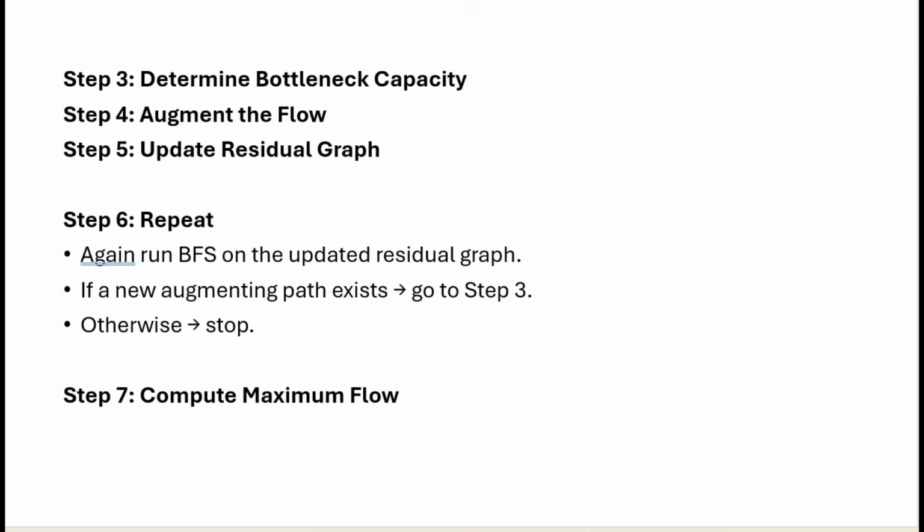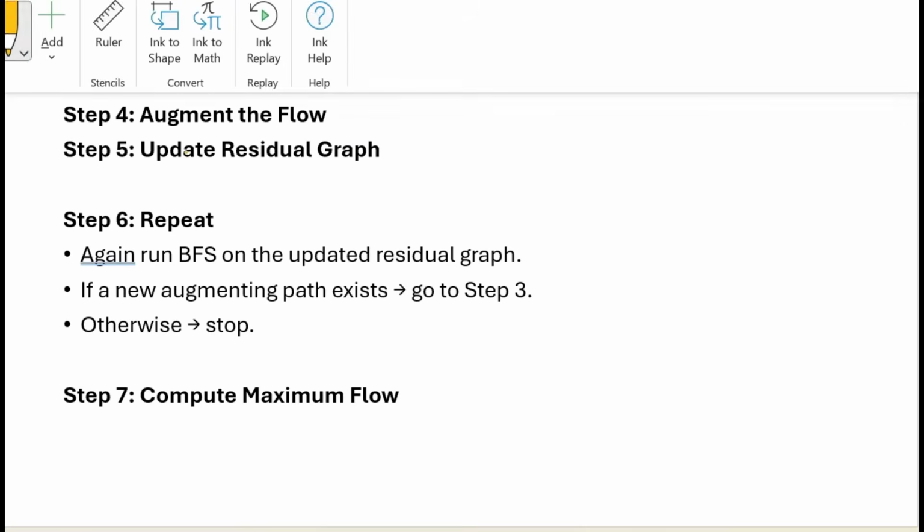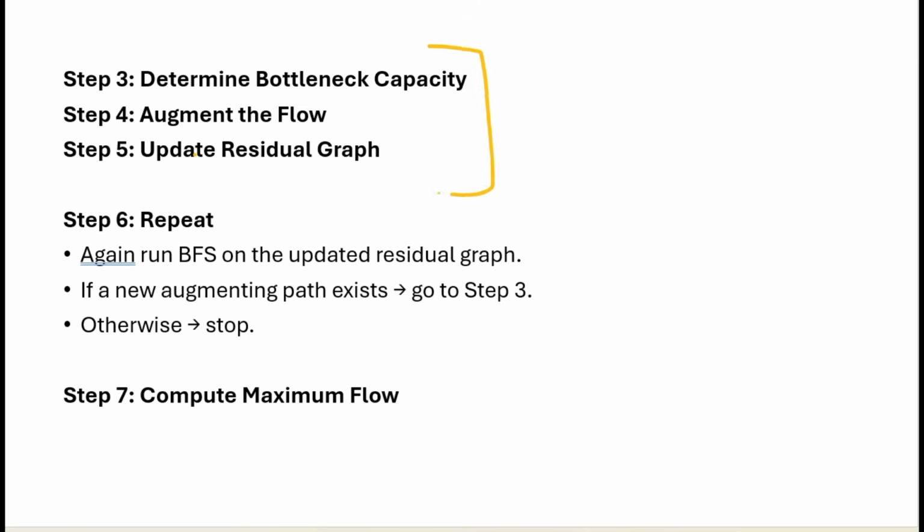After finding the shortest path, find the bottleneck capacity, the minimum capacity of all the edges in the corresponding shortest path, and augment the flow. Then update the residual graph: subtract this minimum capacity value from the original capacity available in the network.